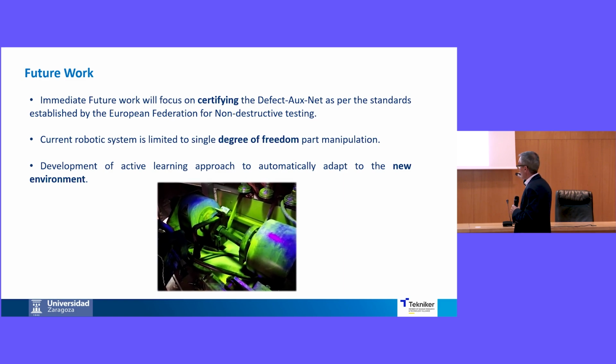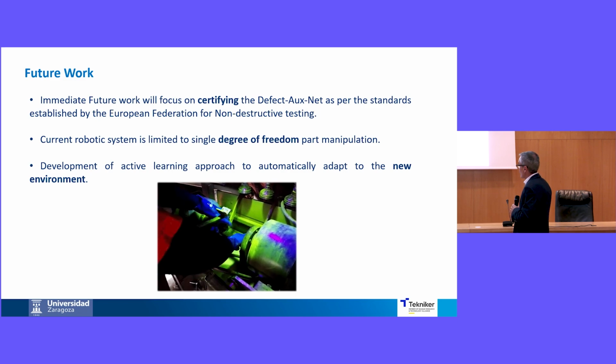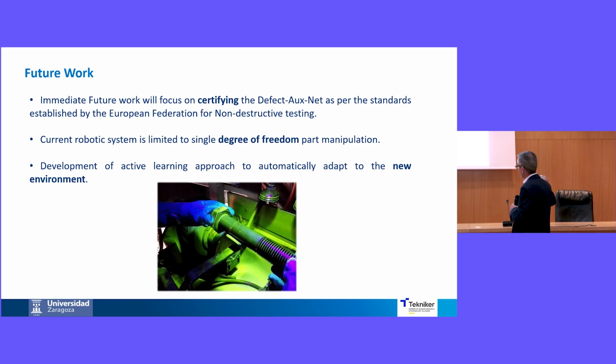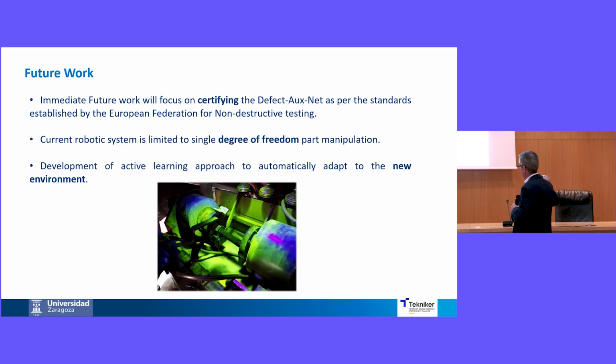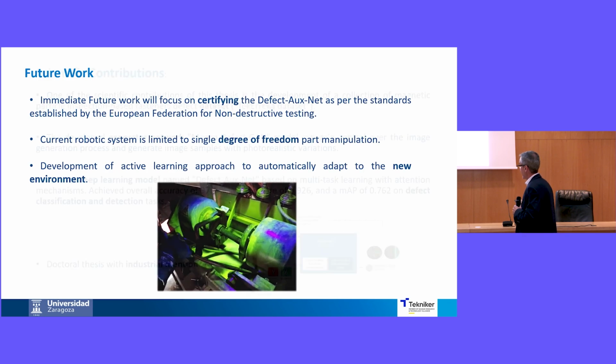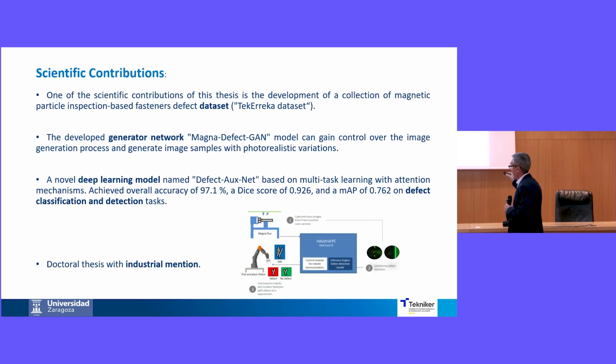Also, we want to make this more versatile and more adaptable to new environments. Finishing, there are three main contributions: the dataset, the generator network, and the deep learning model.